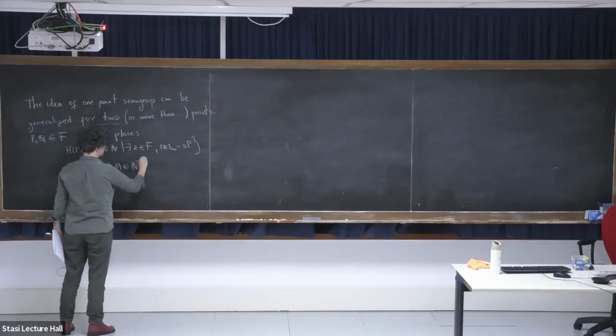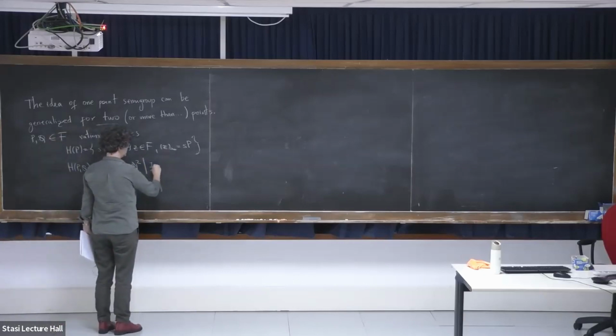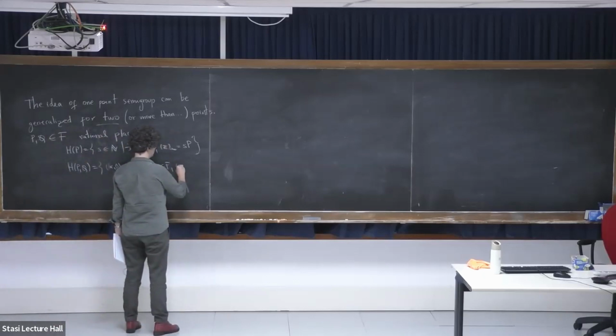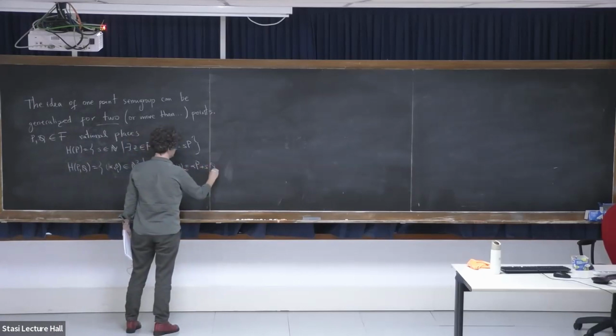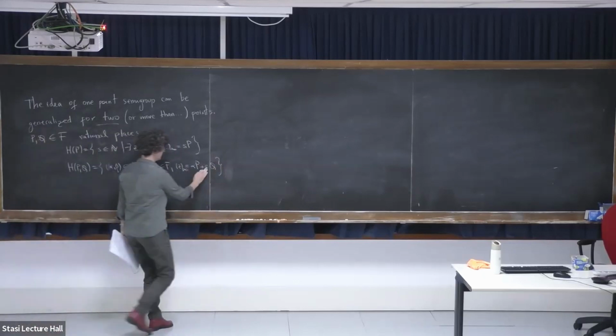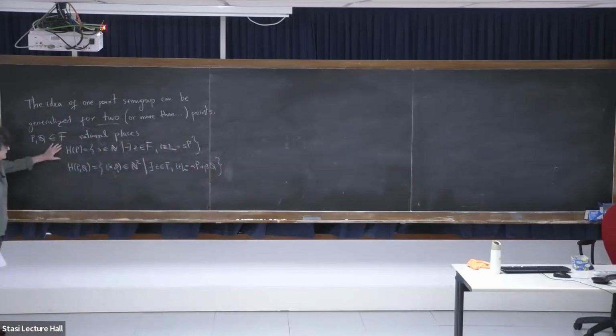So these are pairs in N squared, such that, the same thing, there is a function z in F such that the pole divisor of z is just alpha P plus beta Q. Okay, so you see, the generalization is very natural.